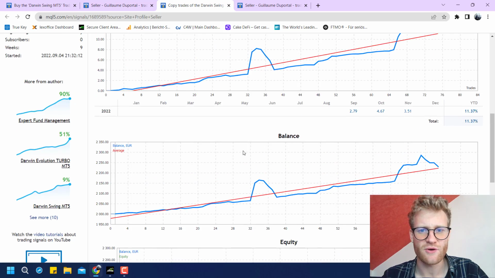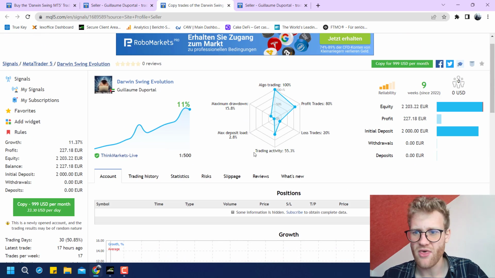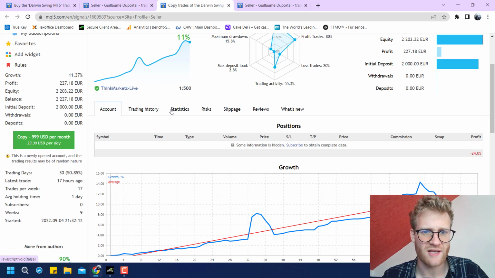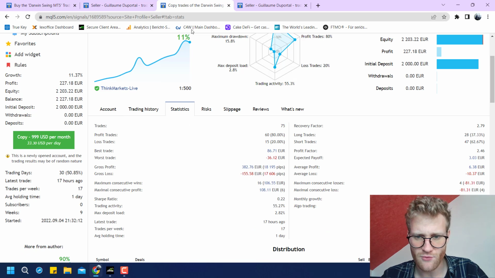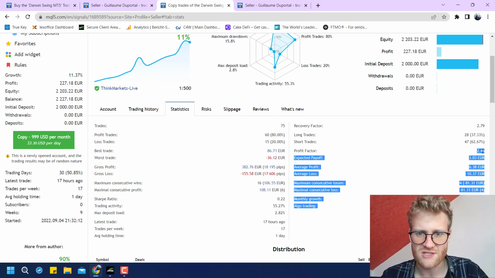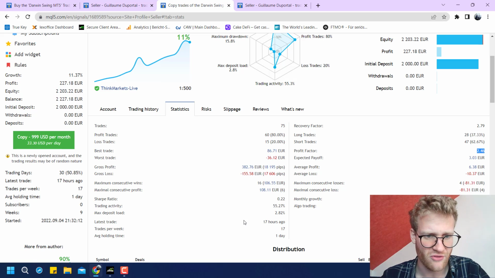So what we can see here, we can see some things already, which is really interesting. I think if we have a look at the statistics, we can see that first of all the profit factor is really good, which is a good thing, of course. I think, where do we see some drawdown statistics here?